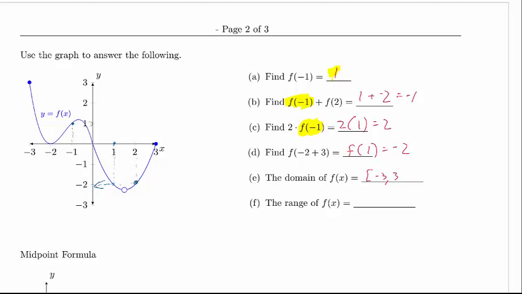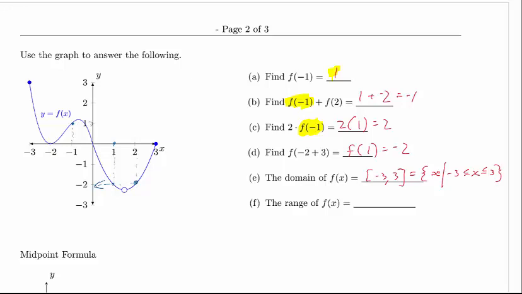Or we can write this in set notation. So we say all real values of x such that x is in between negative 3 and positive 3. And then we close the bracket.